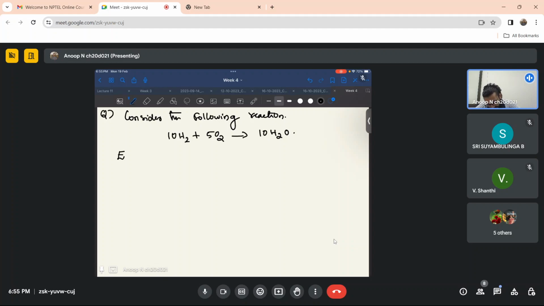Here given E cell is equal to 1.23 volt. Calculate delta G in kilojoule.